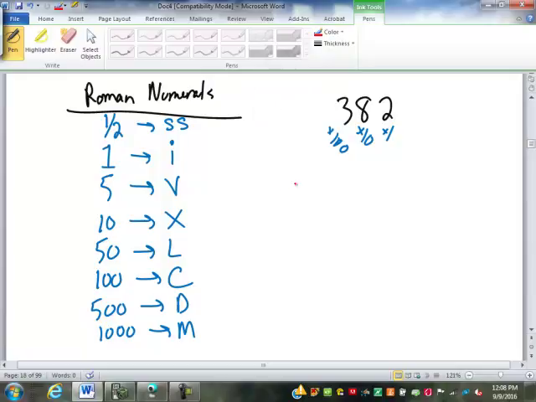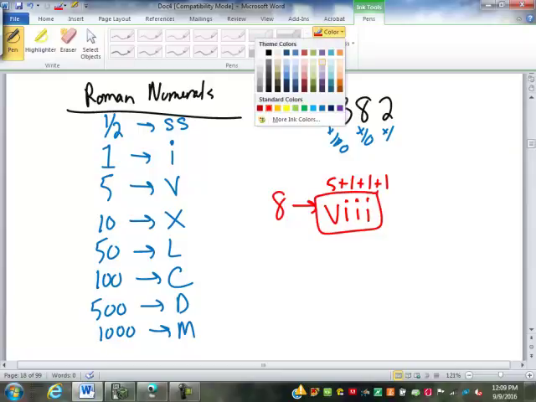So if I want to represent the number 8, it's 5 plus 1 plus 1 plus 1. So V, I, I, I. That's the Roman numeral to represent our Arabic number 8.